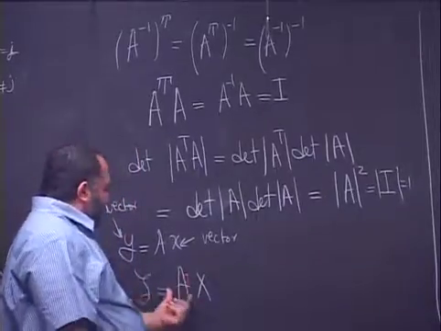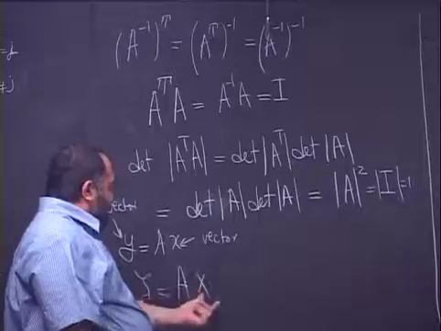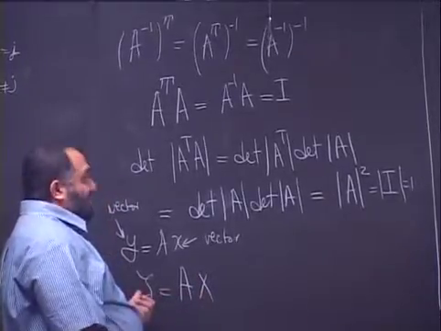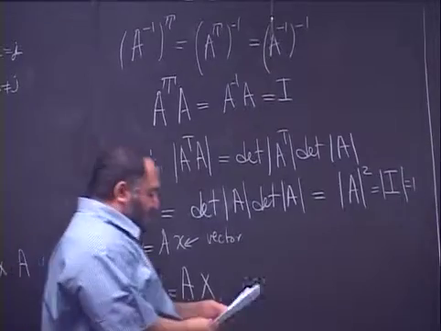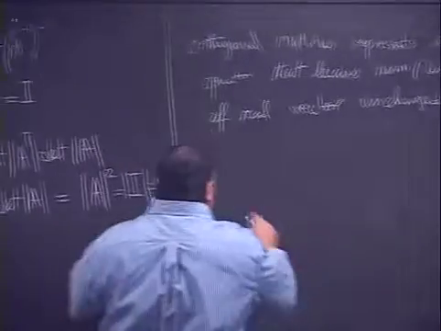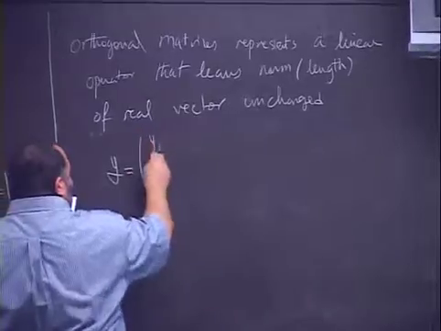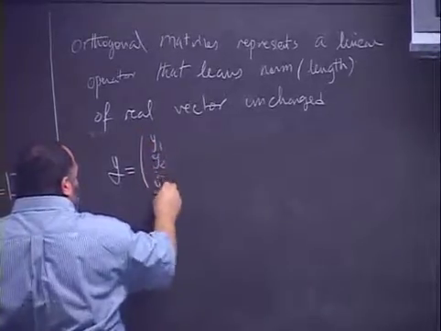If we operate with the matrix A over a vector x, we get another vector y. Let's see now, y is a vector, so I can write it as y1, y2, up to yn.